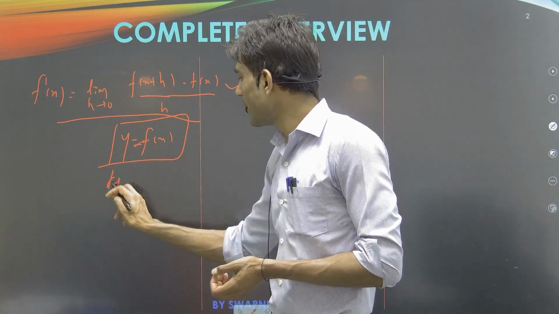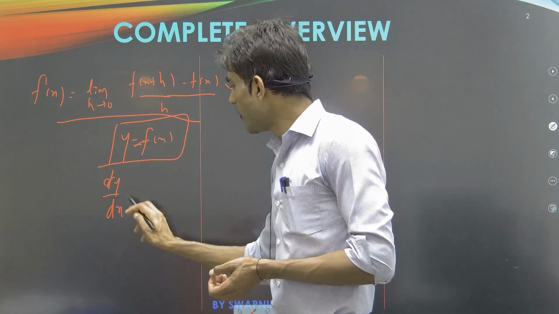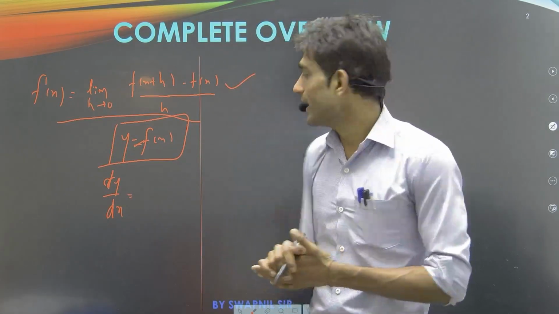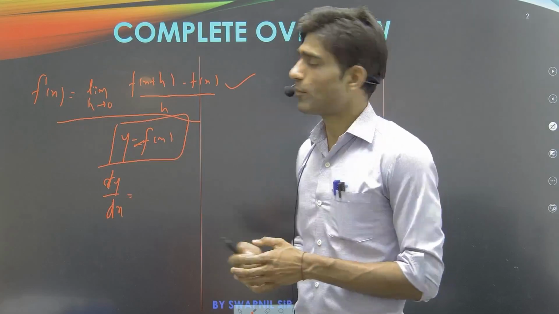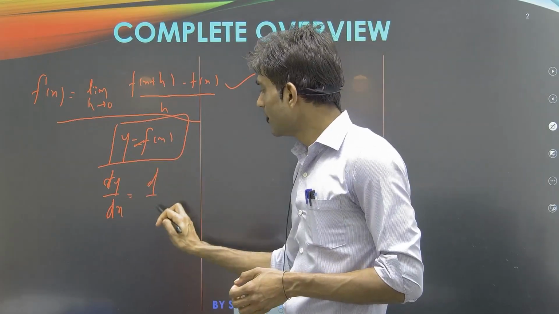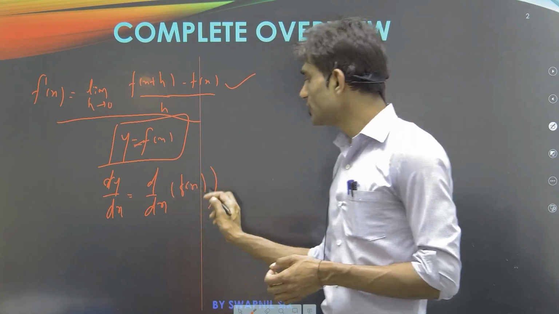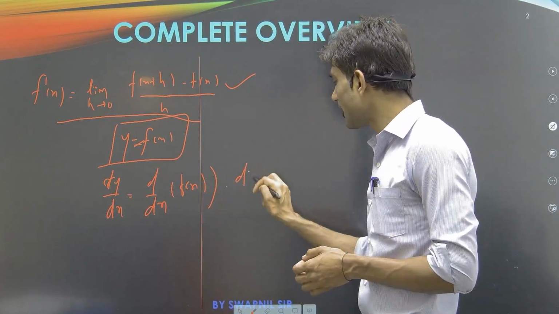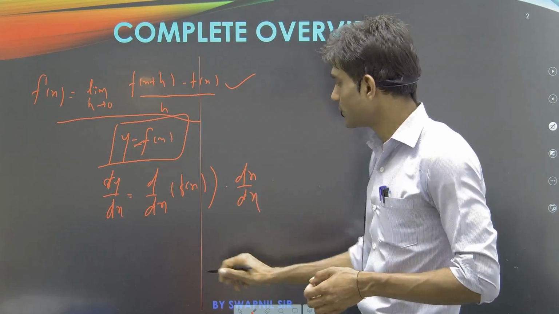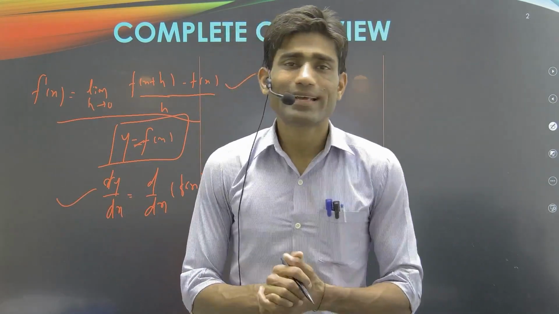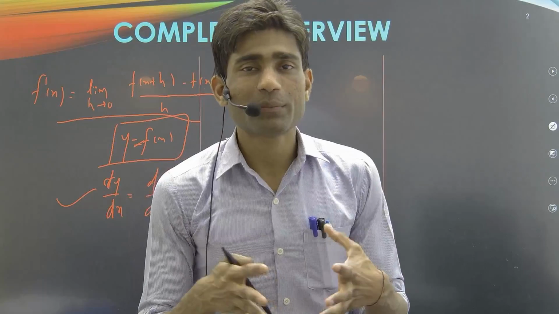So dy by dx is the differentiation of y. Similarly, the differentiation of f of x means d by dx of f of x. And the function under the function that we differentiate, x, later on gives dx by dx. This we call differentiation of a function by using the composite rule.